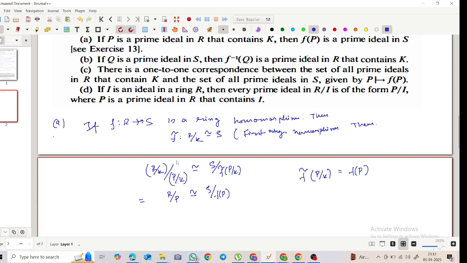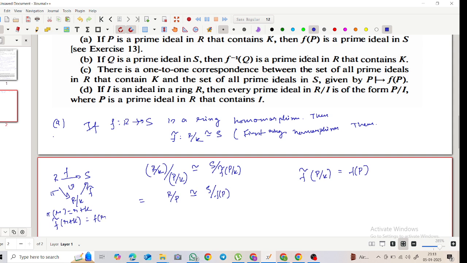Because what is f tilde? What is f tilde? Okay. So f here, and suppose we write pi. So pi of r, this diagram commutes. So pi of r is r plus K, and what is f tilde of r plus K?